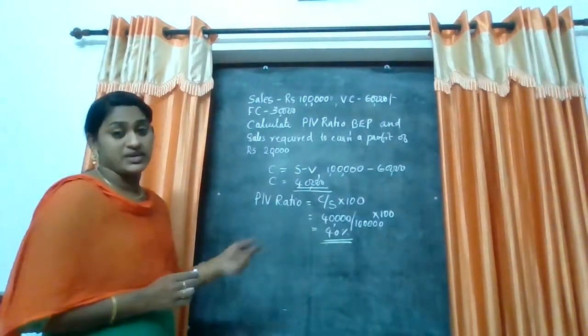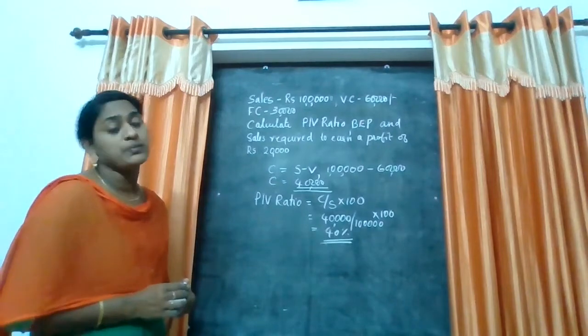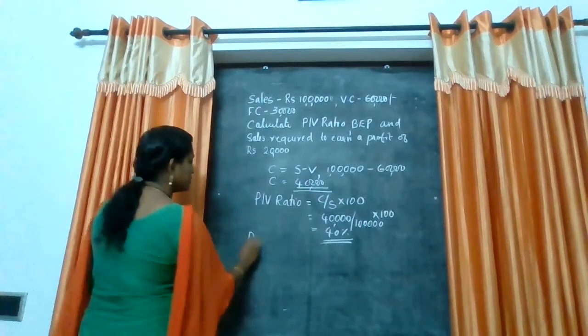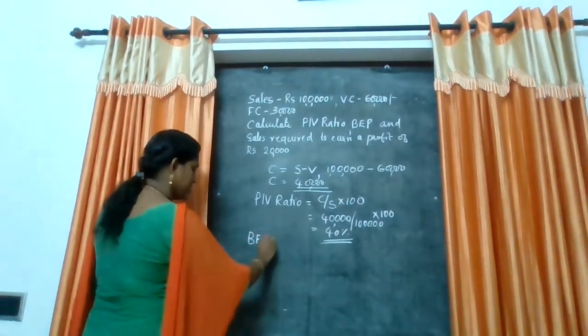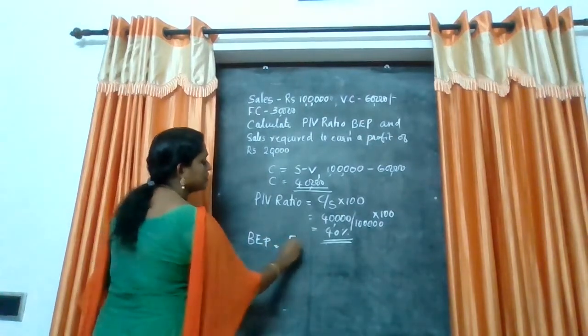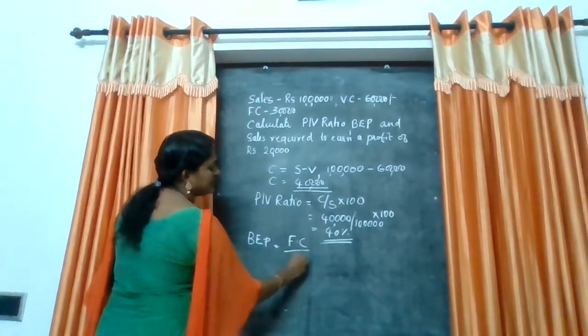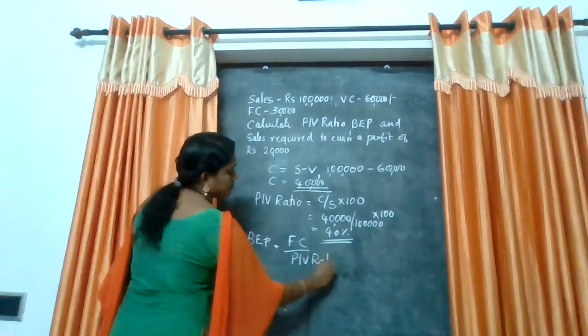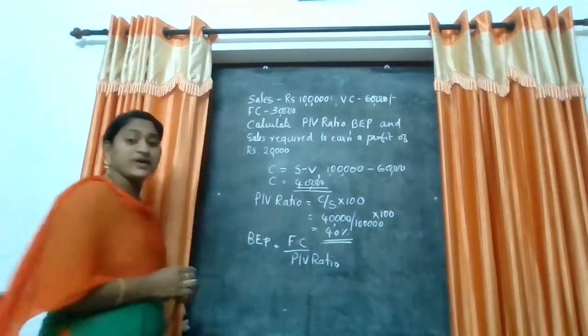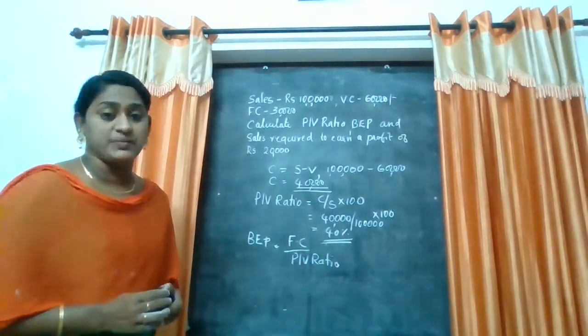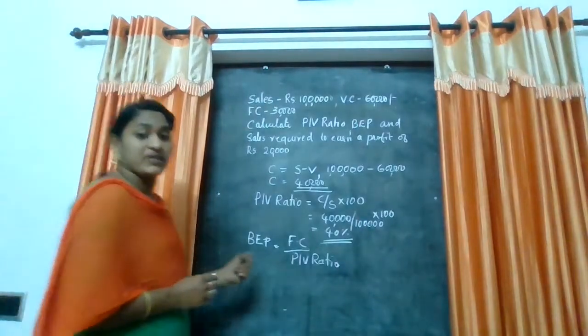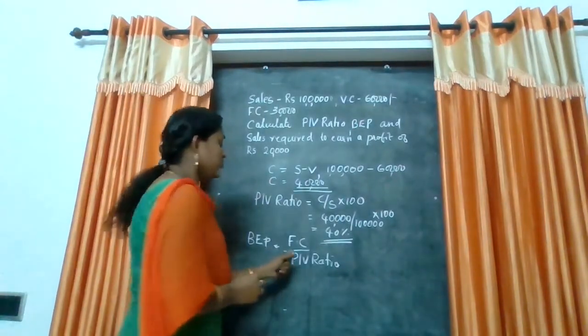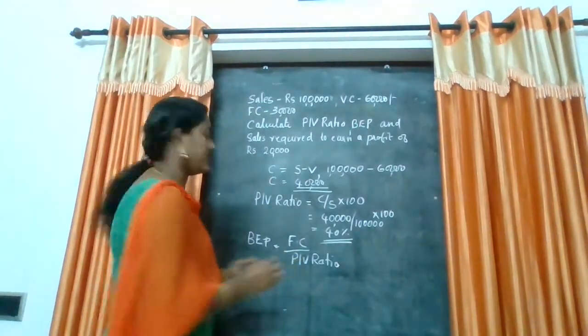By using PV ratio, we can find break-even point. Break-even point BEP is equal to fixed cost divided by PV ratio.